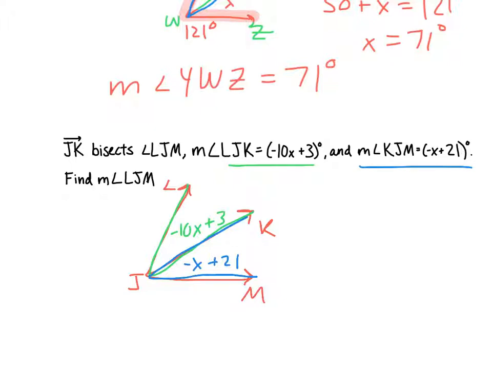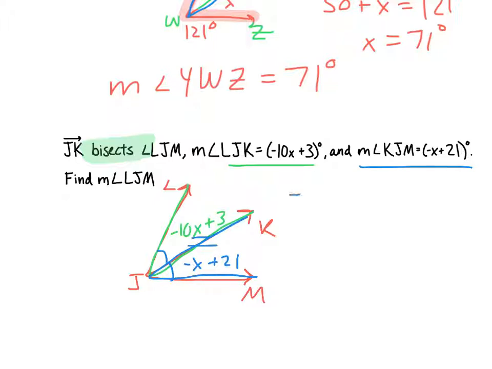What was the second word in this question? Bisects. So we know that the green angle is congruent to the blue one, so we could put the little arc marks. So if they're congruent, we set them equal to each other.